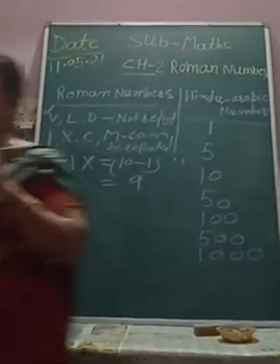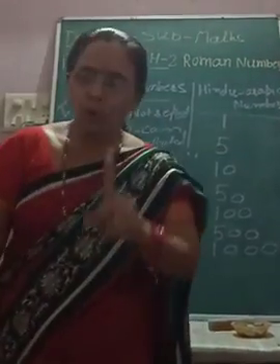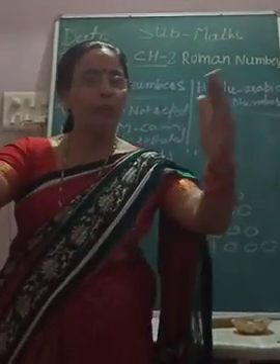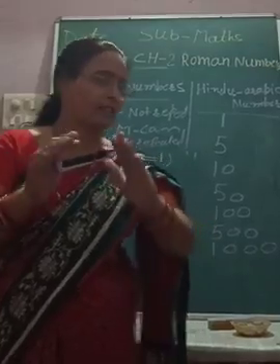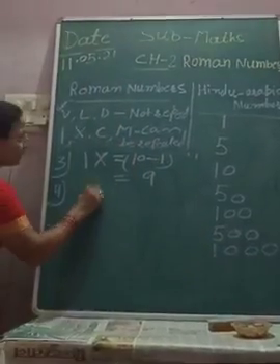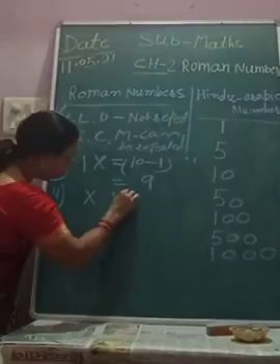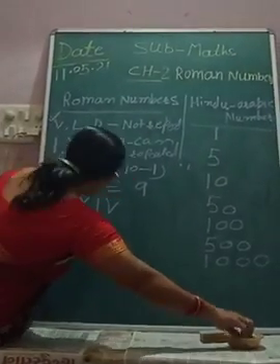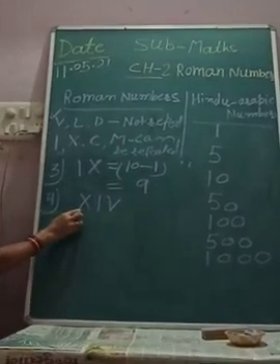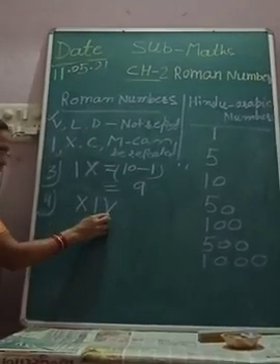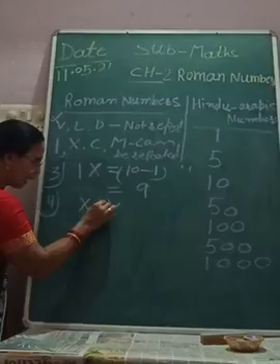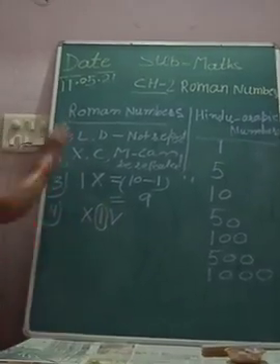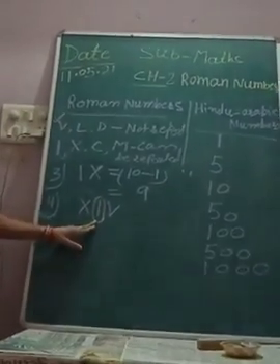Your fourth rule is, when a lower digit is in between two larger digits. Now just see, this one is a larger digit, 5 is also a larger digit. Now I have written here, this 1 is the lower digit.